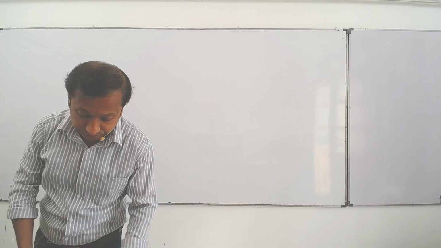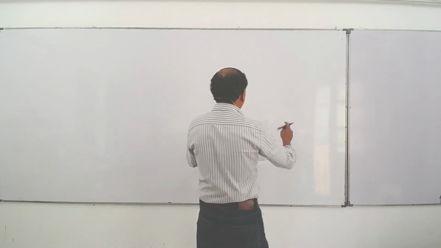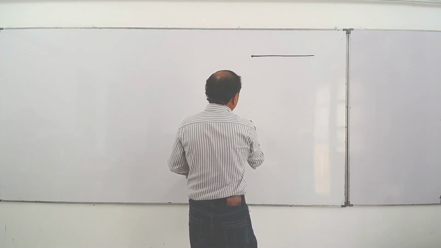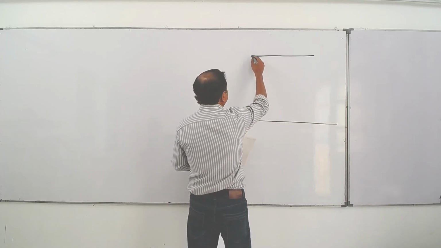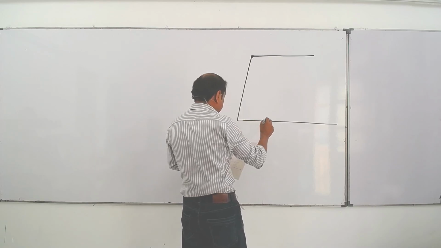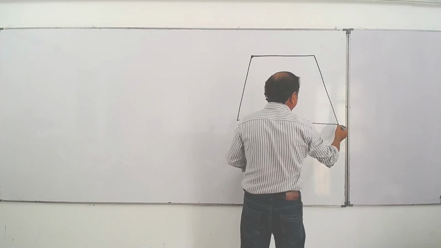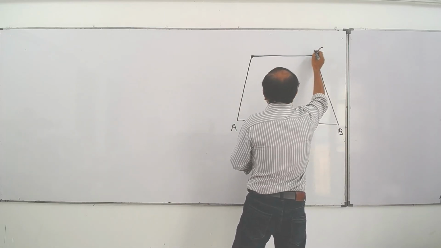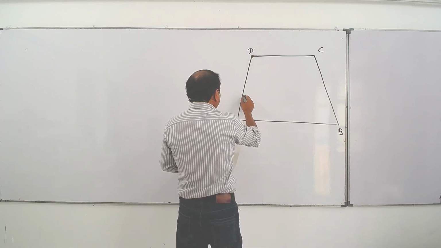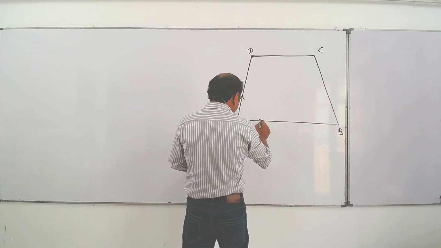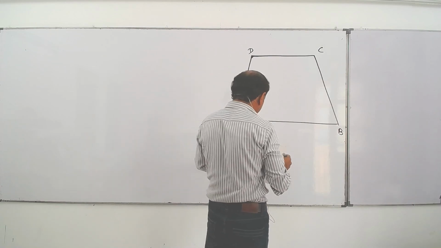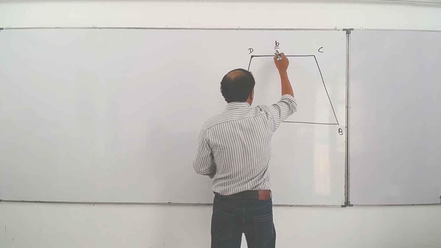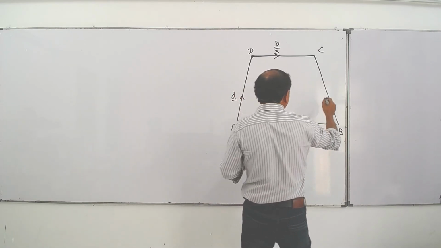Okay, we'll draw the diagram. Trapezium here, DC here, AB here, with vertices A, B, C, D. AD vector is given as d, AB vector is given as b, and DC vector is given as b by 3. And E is here.